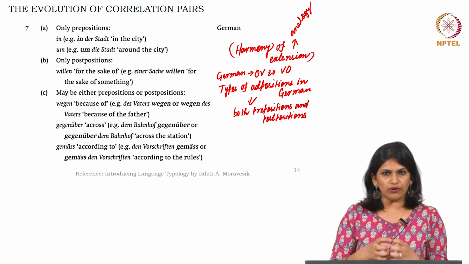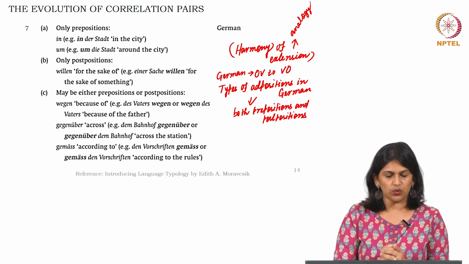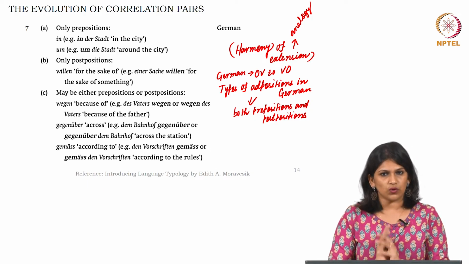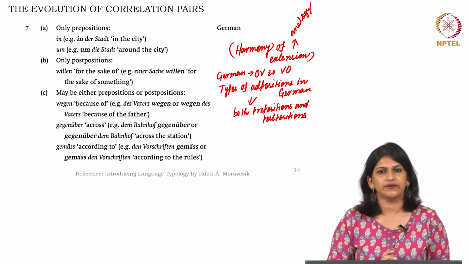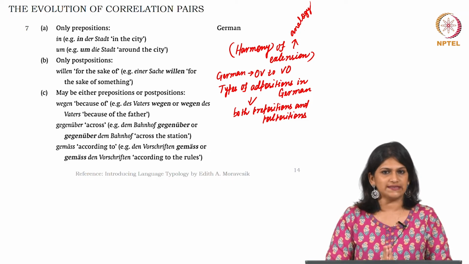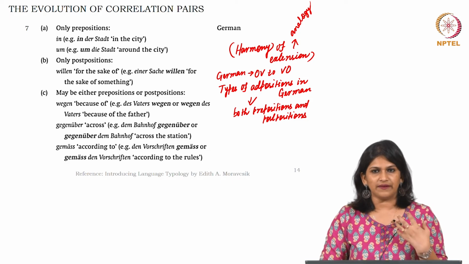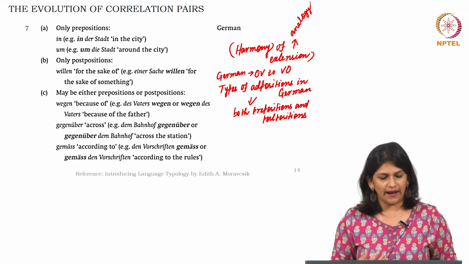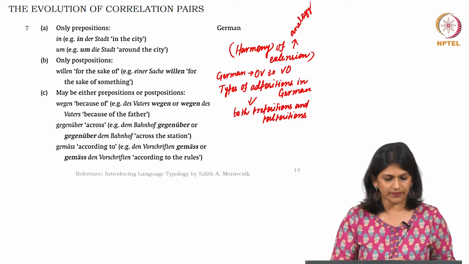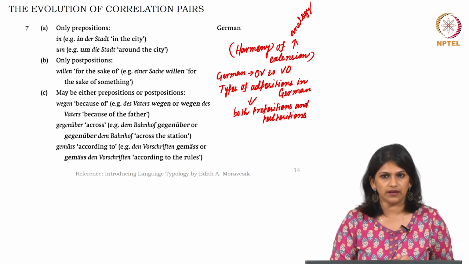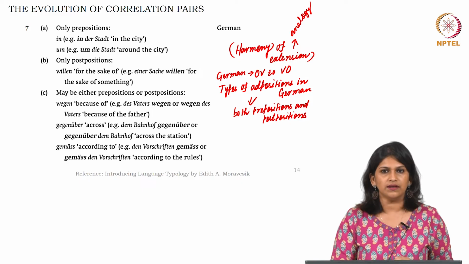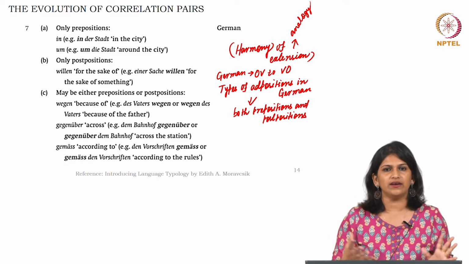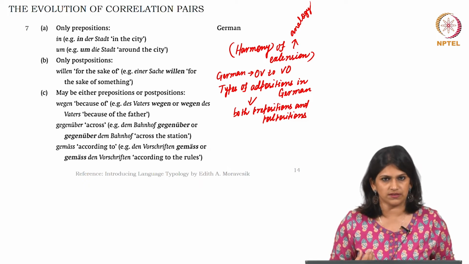To be more specific, wegen as a postposition is only found in literary style. On the other hand we have the other two, across and according to, gemäß and gegenüber. These are very common as postpositions.